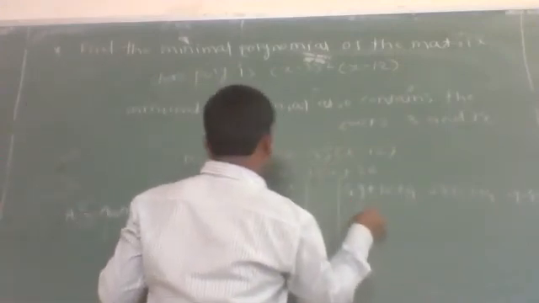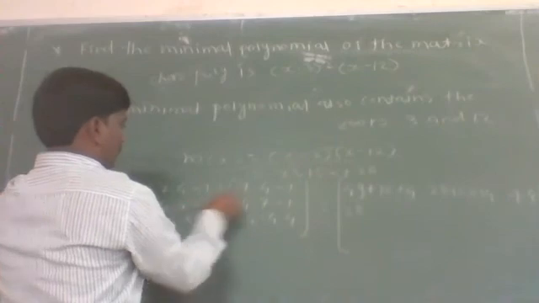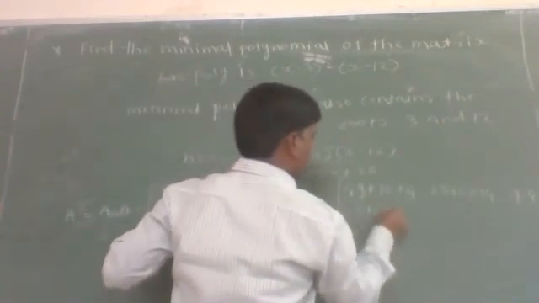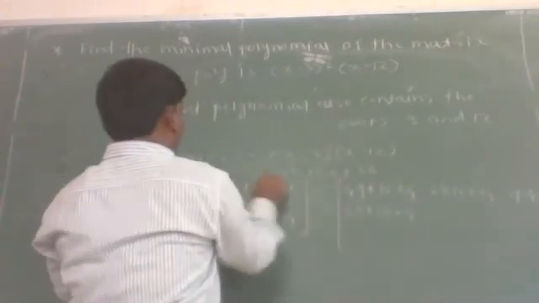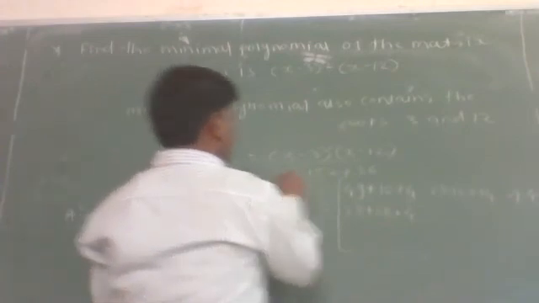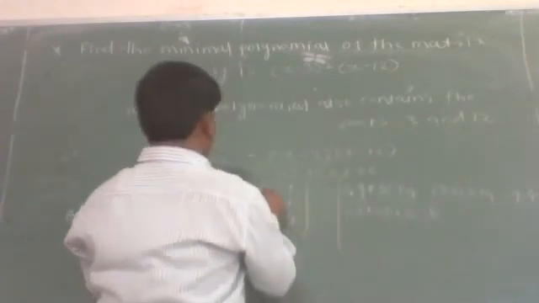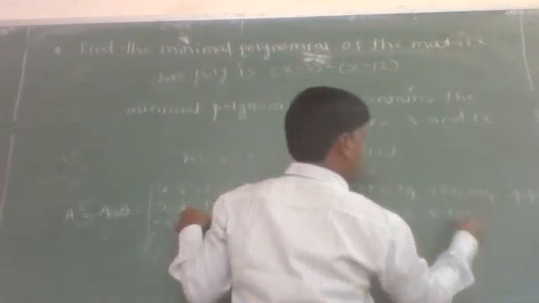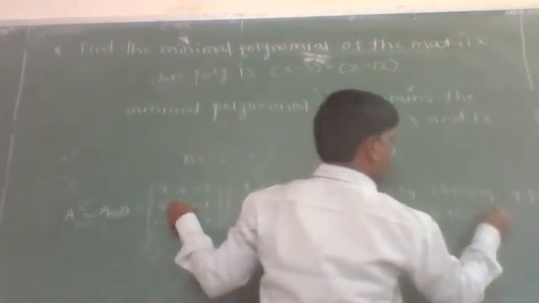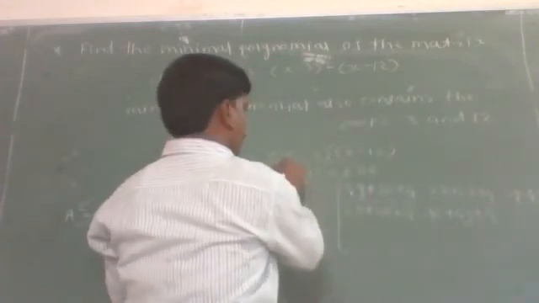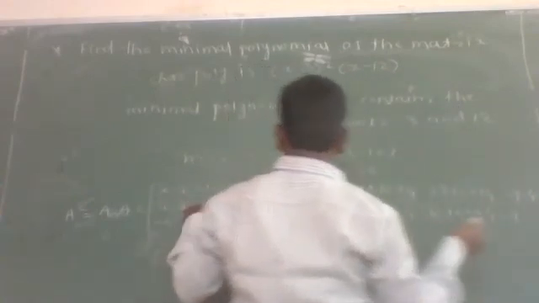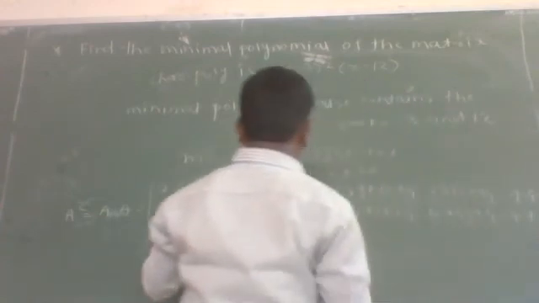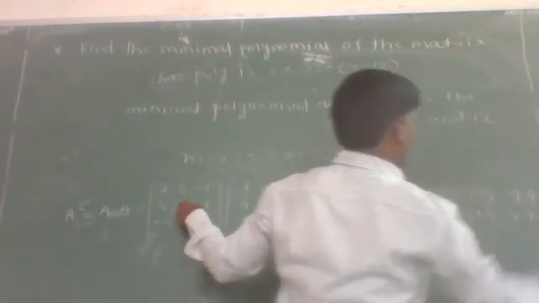Now 4 into 7, 28, plus again 28, minus 1 into minus 4, plus 4. 4 into 4, 16, 7 into 7, 49, minus 1 into minus 1, plus 1. 4 into minus 1, minus 4, 7 into minus 1, minus 7, minus 1 into 4, minus 4.